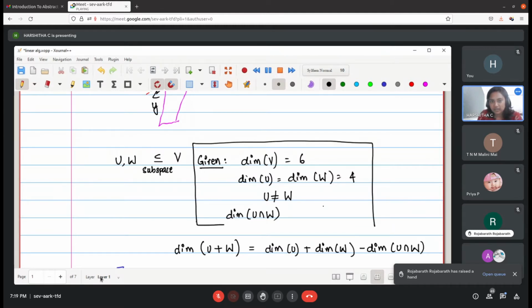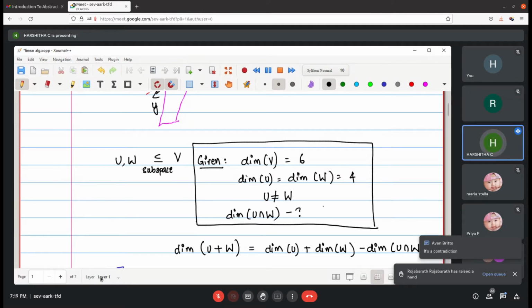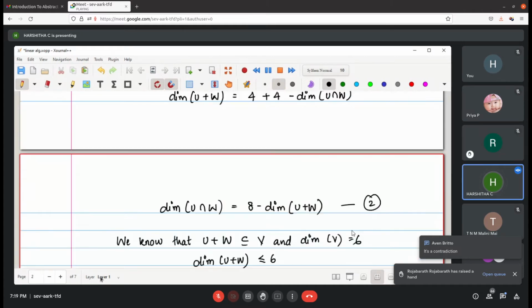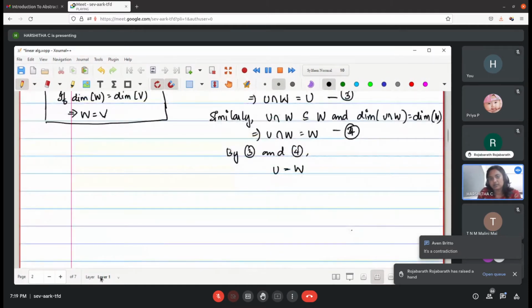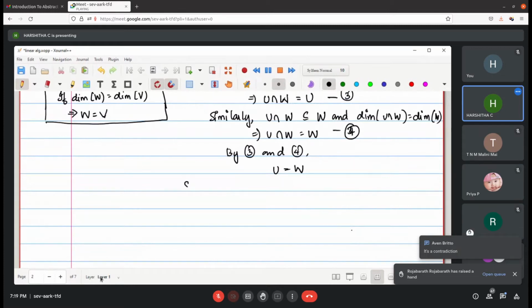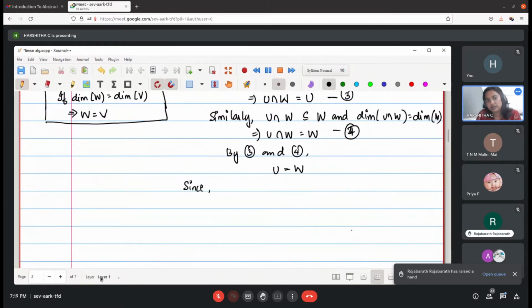So that tells us that the dimension of U intersection W cannot be equal to 4. Since we are given that U and W are distinct, the dimension of U intersection W cannot be 4.